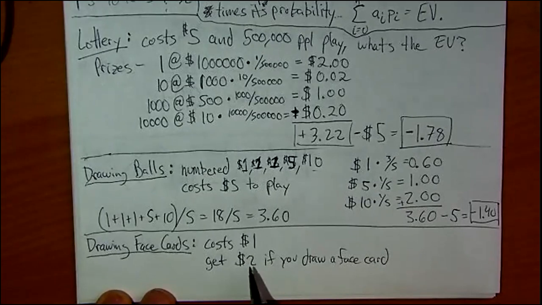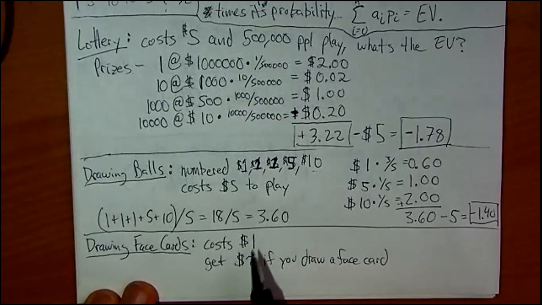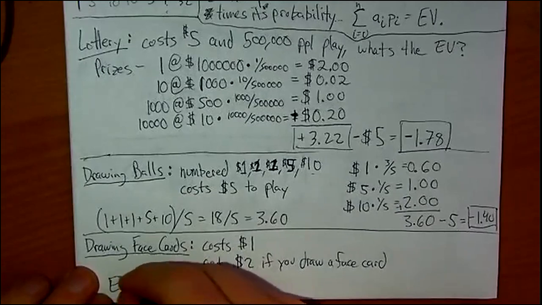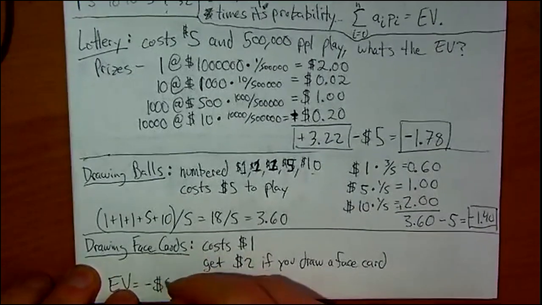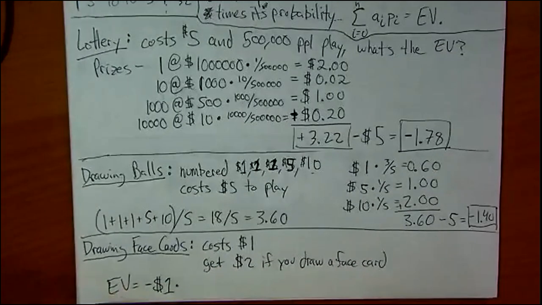So what's my expected value going to look like? It costs $1. What's the probability of that happening? So the expected value is minus $1 to the player times what probability? Okay, so David, you did the probability for the face card.